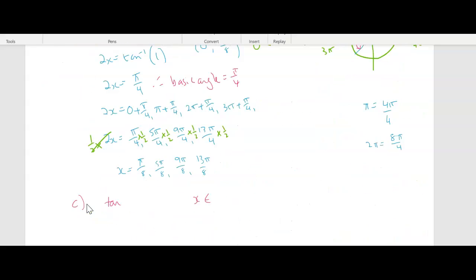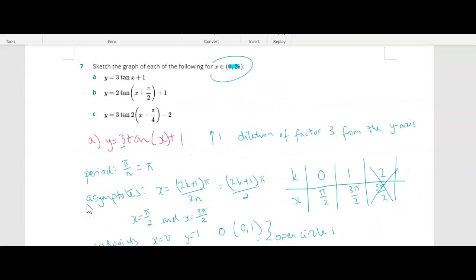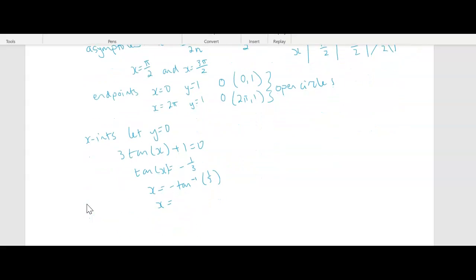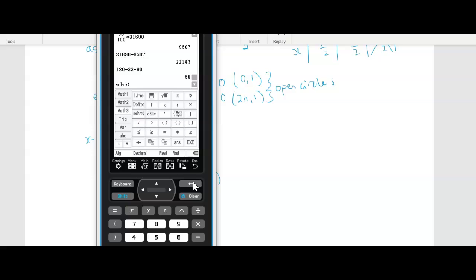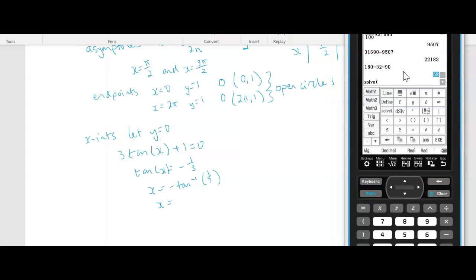All right, so we don't have exact values for that, so that's fine because we'll just then have to use our calculator. All right, so let's just do that on the calculator. What do we got? 1/3.